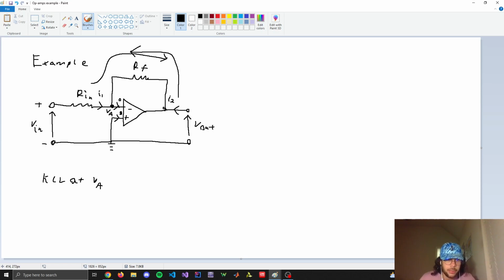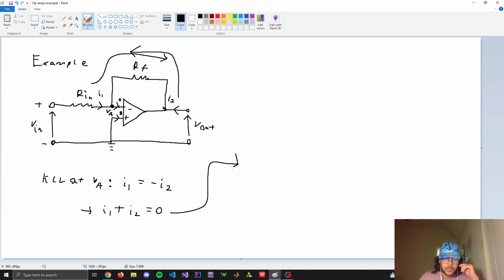It can't go into the op amp. Therefore, VA is going to be a potential of 0. Hope that makes sense. Writing the KCL, that just means I1 is negative I2. In other words, I1 plus I2 equals 0.